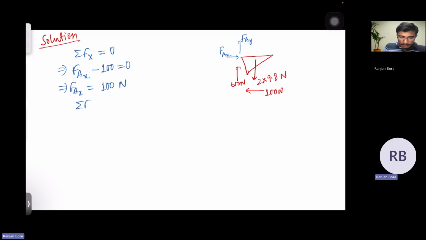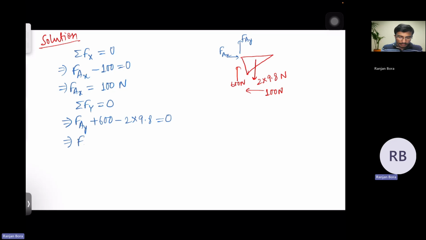And the next equilibrium equation, summation Fy is 0. From this condition, Fay plus 600 minus 2 into 9.8 equal to 0.